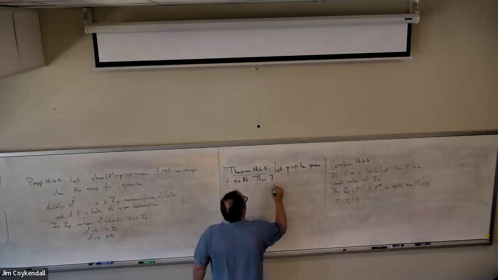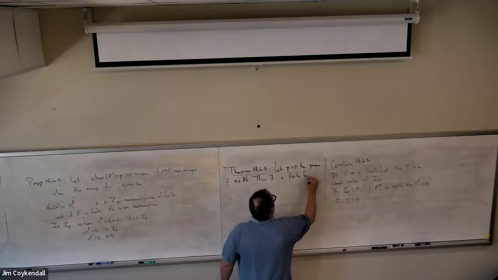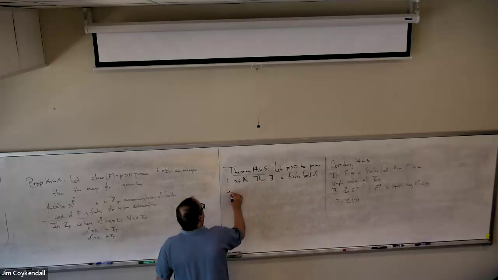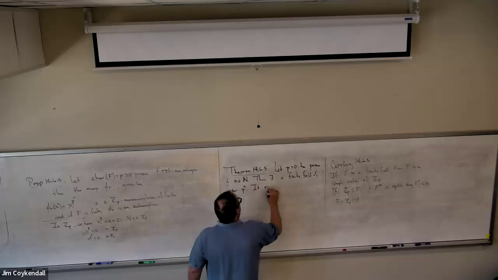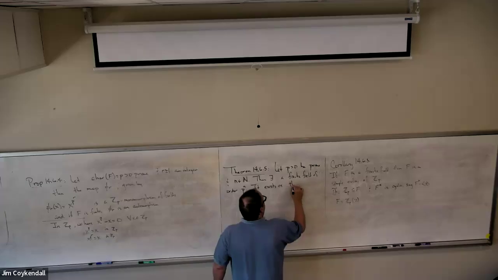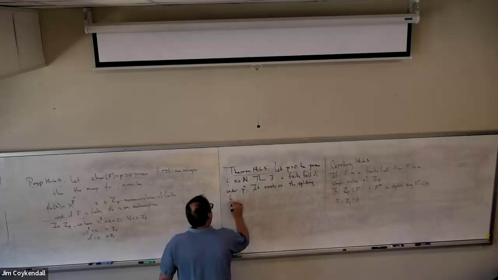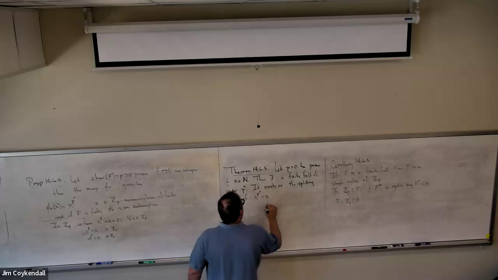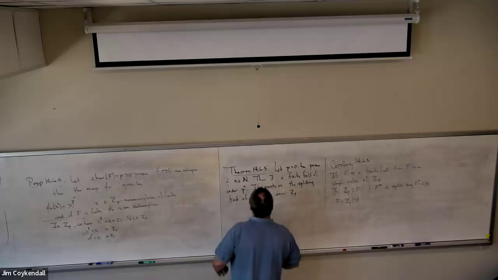Then there exists a finite field of order p to the n. It exists as the splitting field of x to the p to the n minus x over Zp.